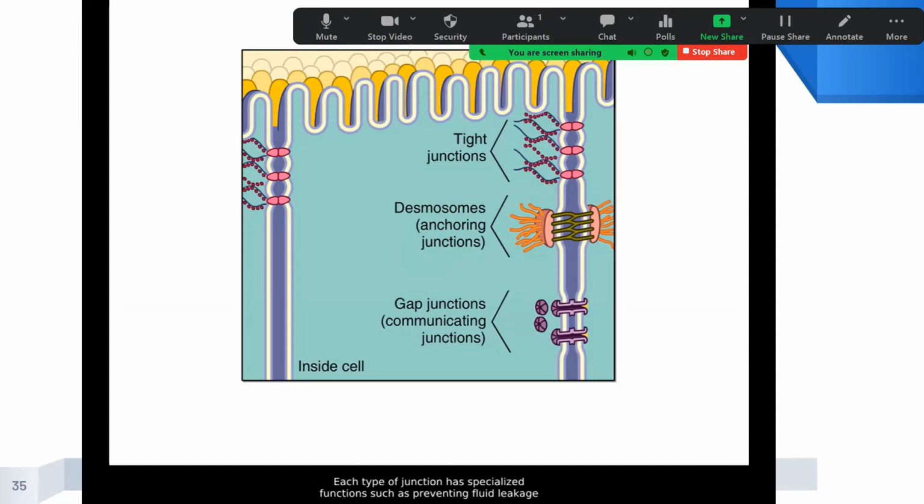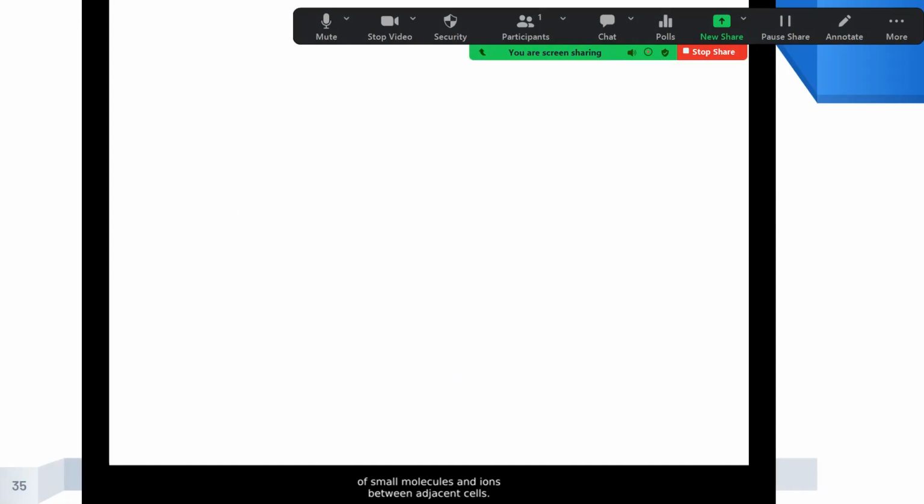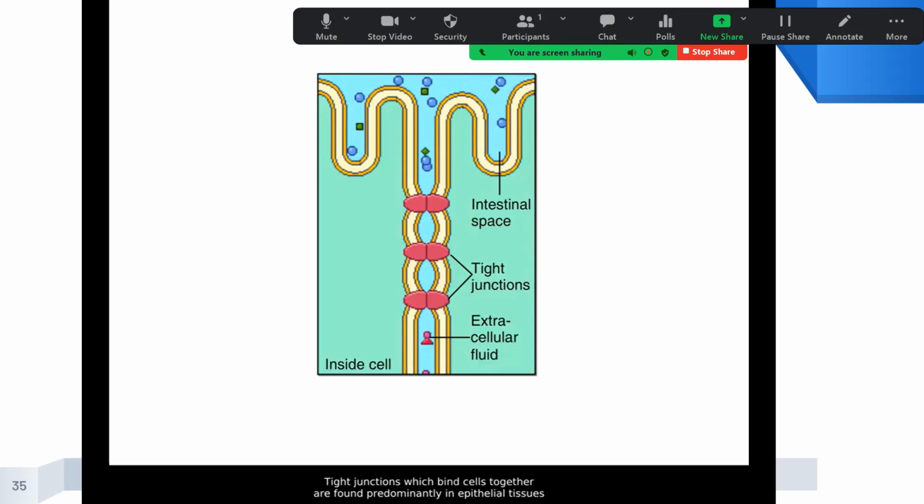Each type of junction has specialized functions, such as preventing fluid leakage between membranes or allowing the free passage of small molecules and ions between adjacent cells. Tight junctions, which bind cells together, are found predominantly in epithelial tissues, such as the lining of the intestines. Tight junctions form a barrier that prevents fluids from moving between the intestinal space and the space between cells.